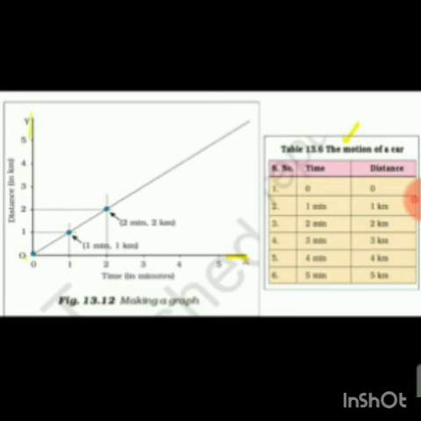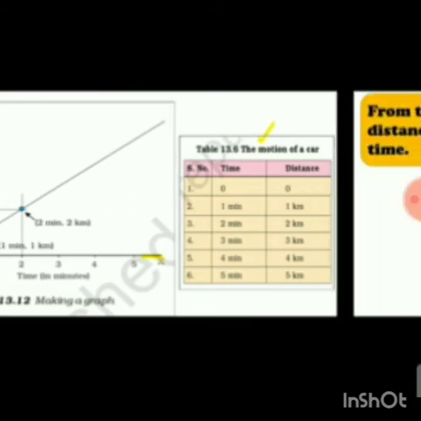So here the time and the distance are given. For time you write 1, 2, 3, 4, 5 on the x-axis, and for distance 1, 2, 3, 4, 5 on the y-axis. So 1 minute is 1 kilometer, then 2 minutes is 2 kilometers. Through the origin and these points you draw the line. So this is the making of a graph.